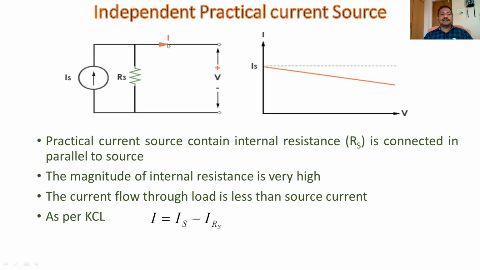Then only can we maintain the current approximately equal to, not exactly equal to, the source current. For example, if the source current is 10, the load current may be 9.5 or 9.7. So in the practical case, we never get a load current exactly equal to the source current. This is about the practical current source, and this is a representation of its characteristics.